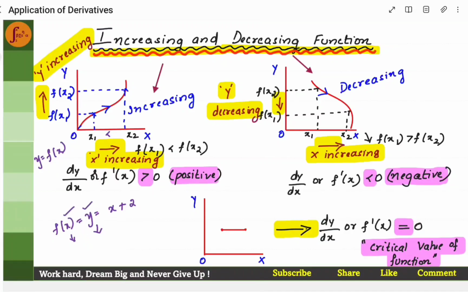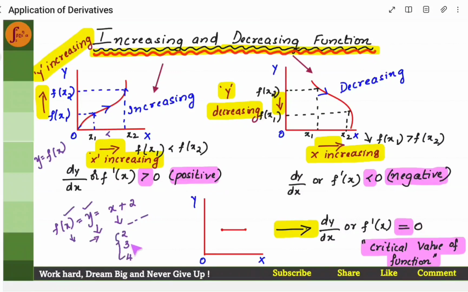Both mean the same. Now, in this particular function, as the value of x increases, if the value of y also keeps increasing, then we call this particular function an increasing function. Say first I'll put x is equal to 2, then x is equal to 3, then x is equal to 4.